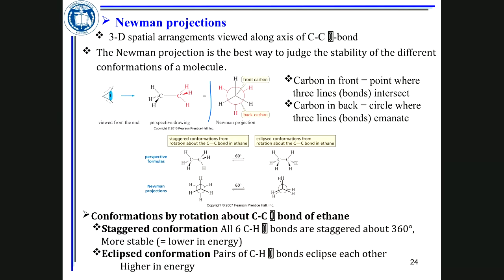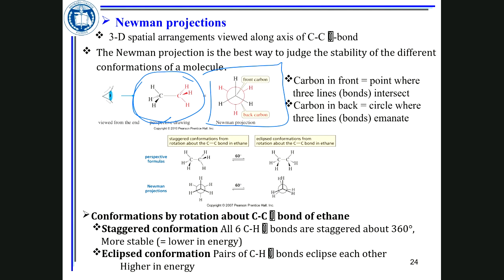The representation for staggered and eclipse sometimes is not easy when you do a 3D structure, like all in one line, but Newman projection is a projection of eclipse and staggered that is trying to make it easier.